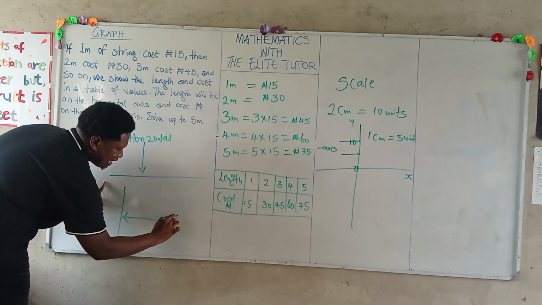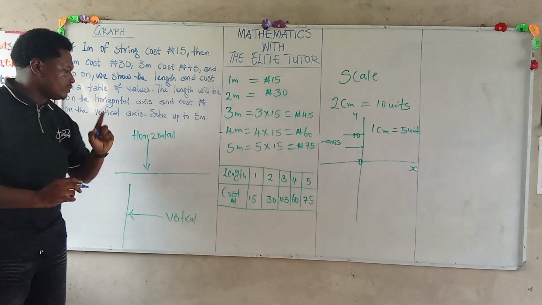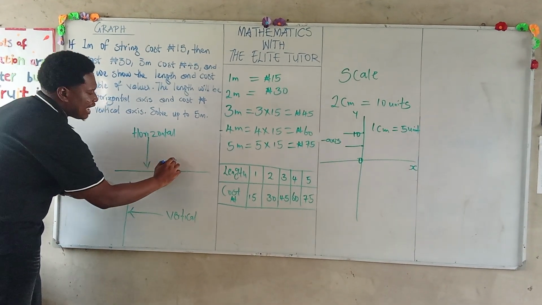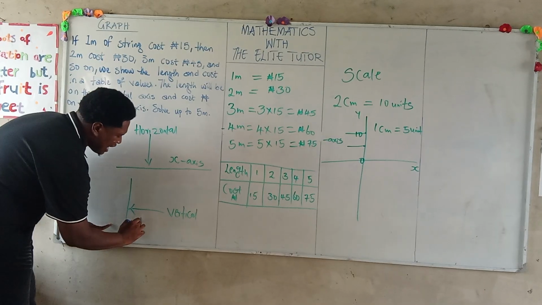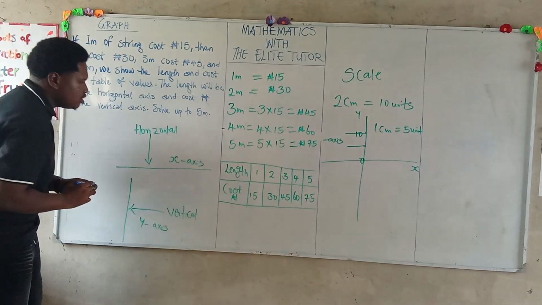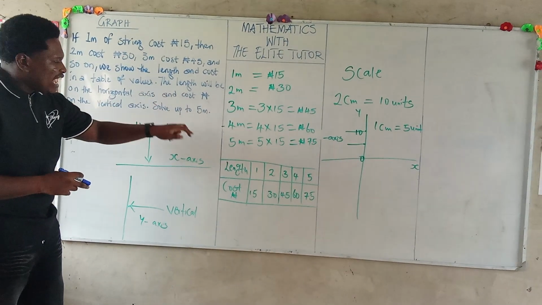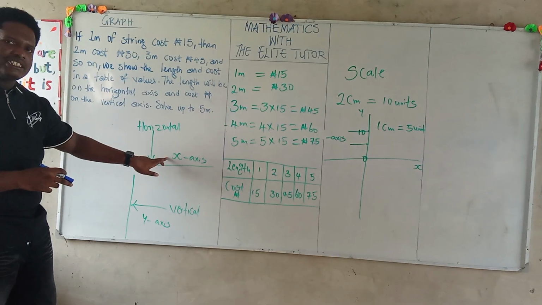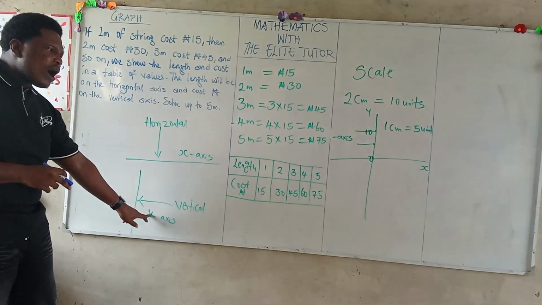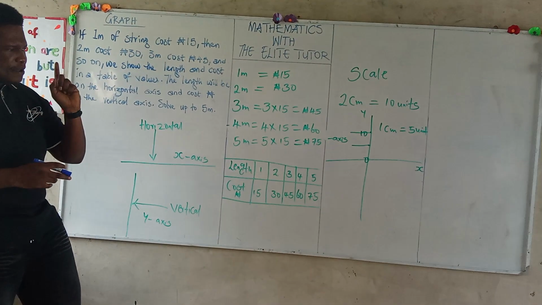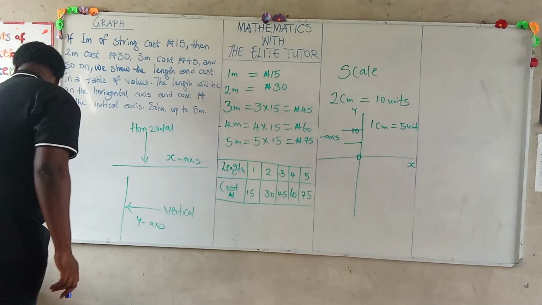Based on our definition, our horizontal line is our x-axis, while our vertical line is our y-axis. So this question is saying that the length will be on the horizontal axis. That means our length will be on the x-axis, while the cost will be on the y-axis. Very important. Now, since we know this, we can go ahead to plot our graph.